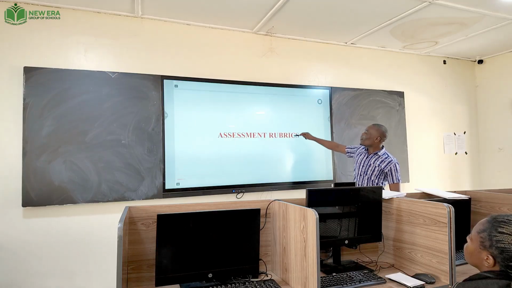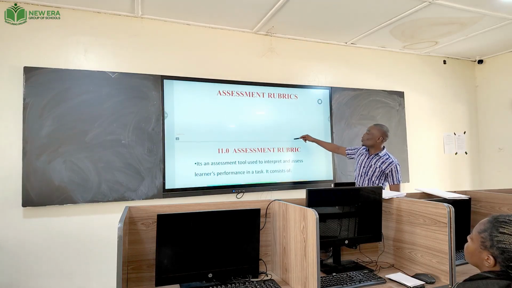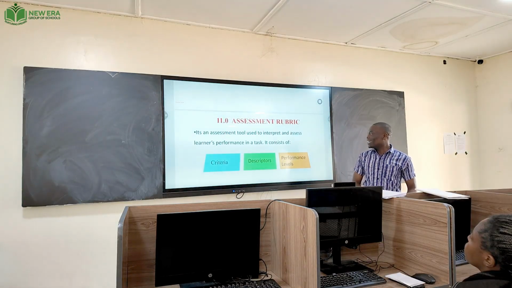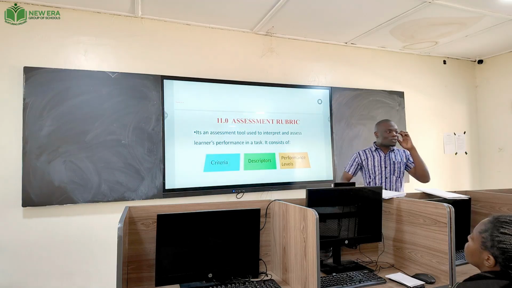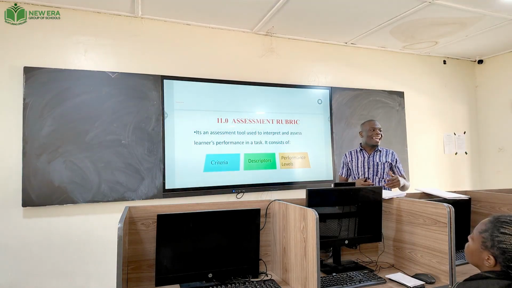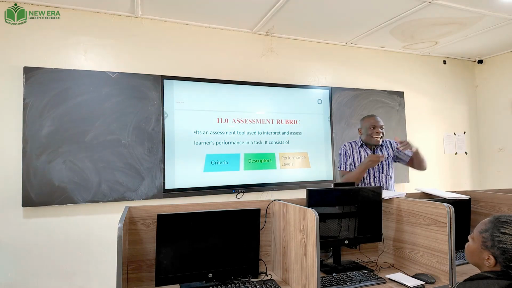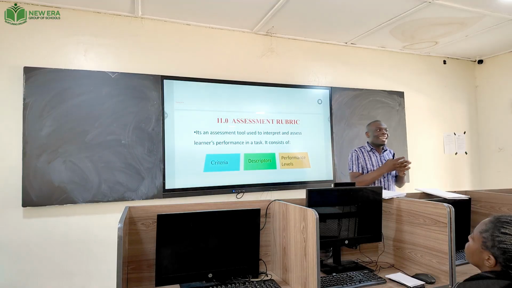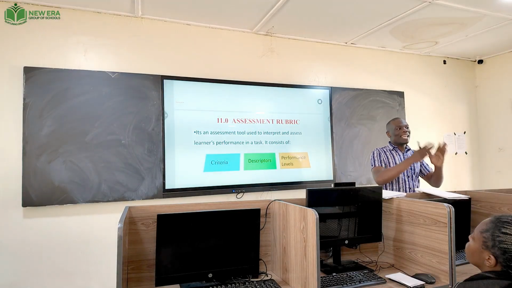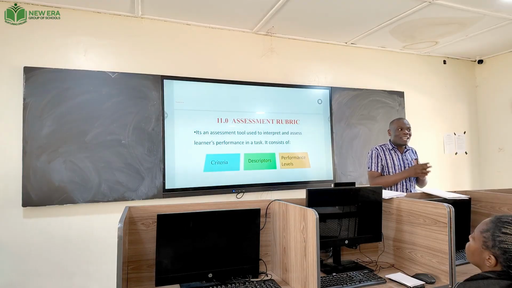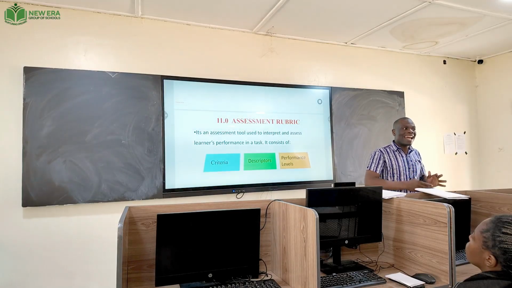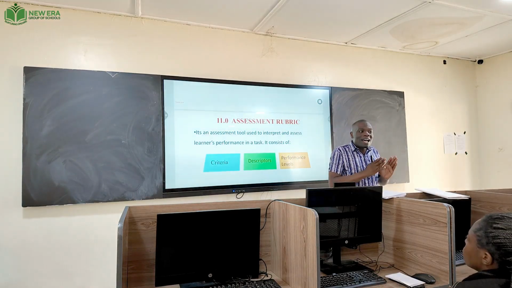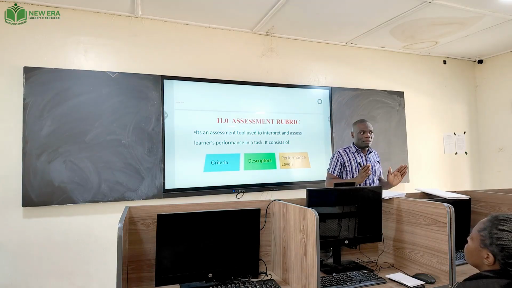Now, we have what we call the assessment rubrics. When we are talking about an assessment rubric, it is close to an observation schedule, but here you give a learner a specific task, and now you observe how they are doing.